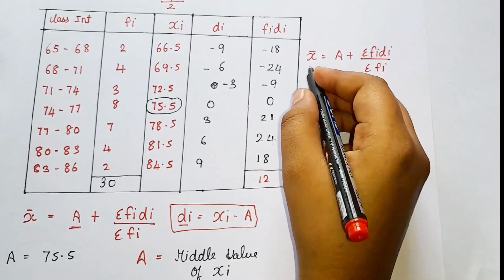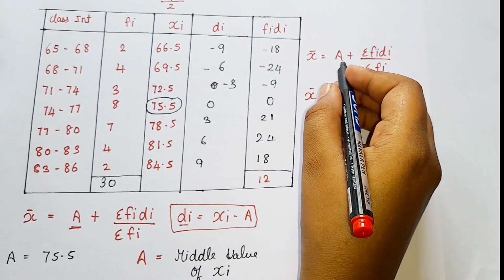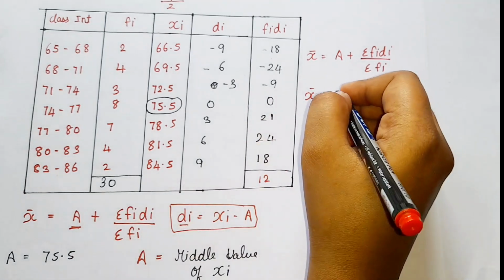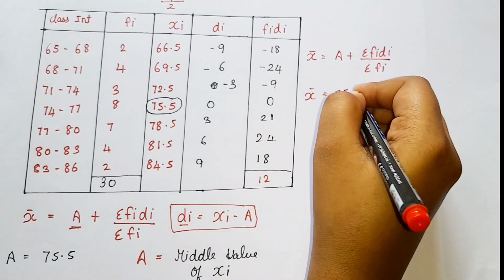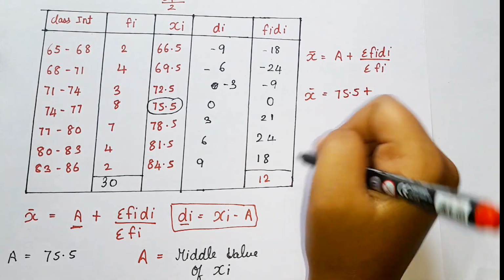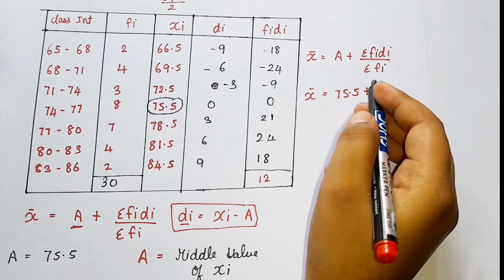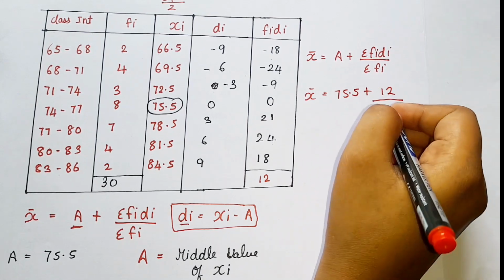Here a value is 75.5, so 75.5 plus sigma fi di, it is 12, isn't it? So 12 divided by sigma fi value, which is 30.